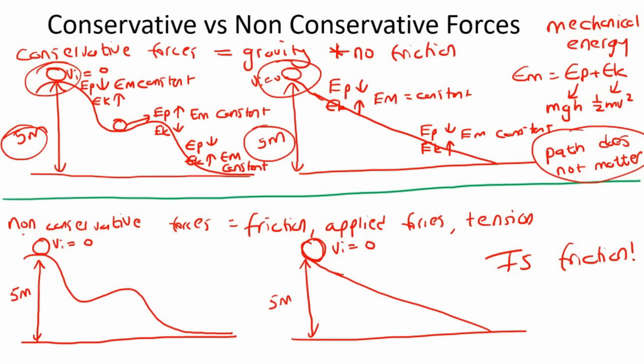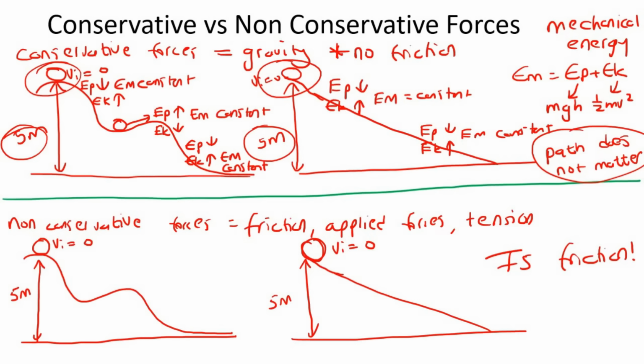Now, when we are looking at non-conservative forces, such as friction, applied forces, or tension, I'm going to use friction. Let's see what happens. Once again, we have the same starting scenario between the two. As we begin to fall, the potential energy will go down, the kinetic energy will go up, but the amount that the potential goes down and the amount that the kinetic goes up won't be the same because there's now friction involved, and what you'll notice is that the mechanical energy will actually begin to decrease.